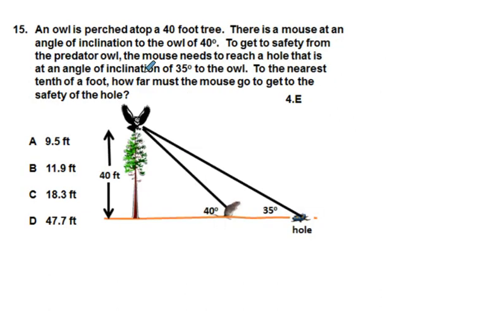Okay, next, 15. An owl is perched atop a 40-foot tree. There is a mouse at an angle of inclination to the owl of 40 degrees. To get to safety from the predator owl, the mouse needs to reach a hole that is at an angle of inclination of 35 degrees to the owl. So to the nearest tenth of a foot, how far must the mouse go to get to the safety of the hole? So we're interested in this distance between the mouse and the hole.